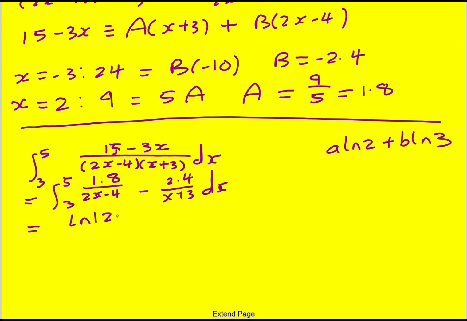So ln of 2x minus 4. Now when I differentiate that back, I'd get 1 over 2x minus 4, and I would times by the derivative of the inside, I'd times by 2. So here I need to divide by 2, so I'm going to get 0.9 because it's 1.8 divided by 2. If you check back and differentiate, you'll get the same thing. This one's a little bit easier, just 2.4 ln x plus 3.